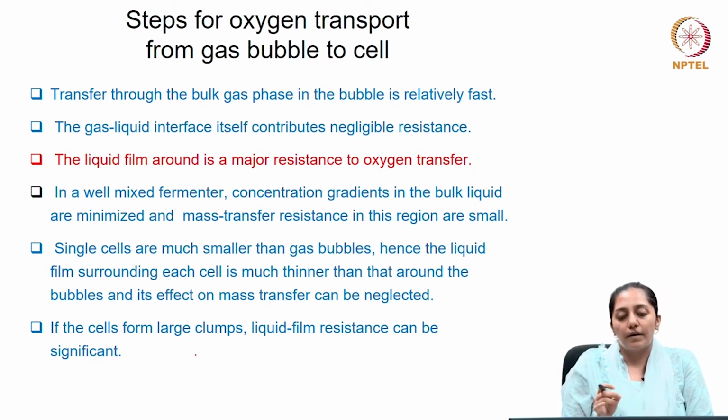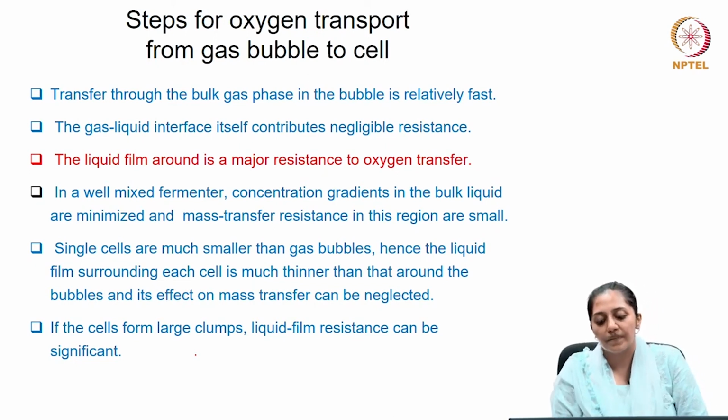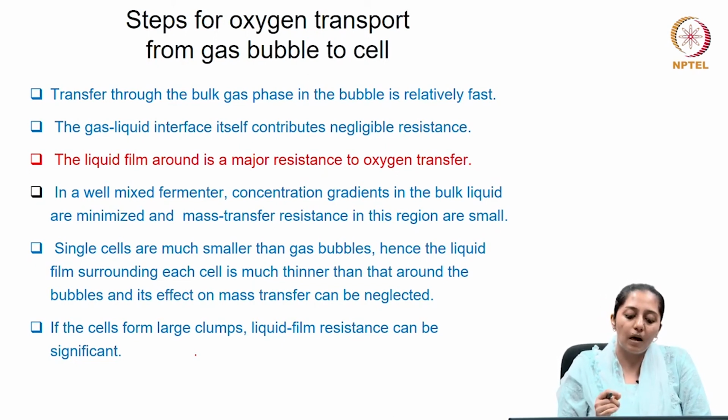Now, single cells are very, very small compared to the gas bubbles. If we assume a homogeneous mixture with finely suspended cells in the bulk, then the liquid film surrounding each cell can be assumed to be much thinner than around the bubbles, and therefore its effect on mass transfer can be neglected, or the resistance of this film is negligible.